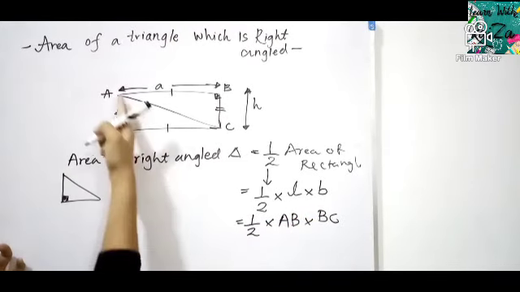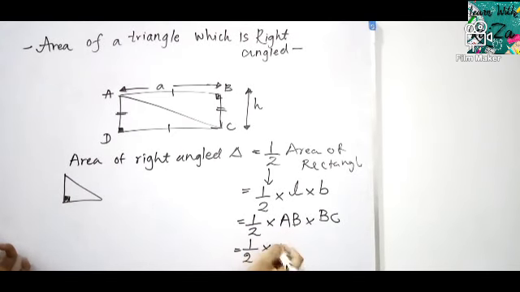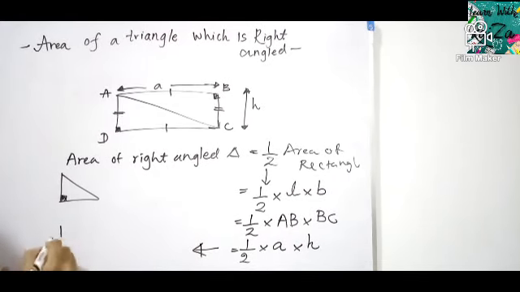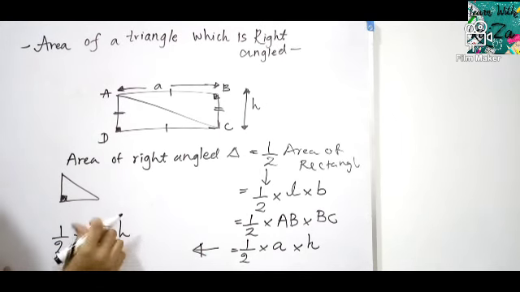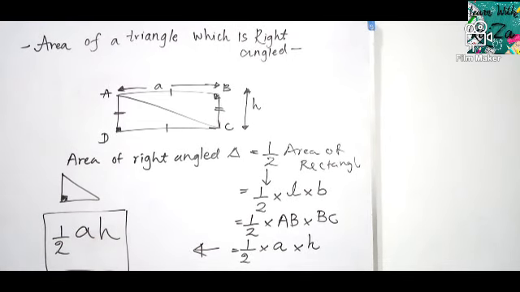So I have taken AB as A. So I am writing, instead of AB I am writing simple A, instead of BC I am writing H. So what is the equation for area of a right angle triangle? Half into A into H, that is equal to half AH. So this is the equation or the formula you have to use to find area of a right angled triangle. I guess you understood. Okay, right. Now let's move to the next part.